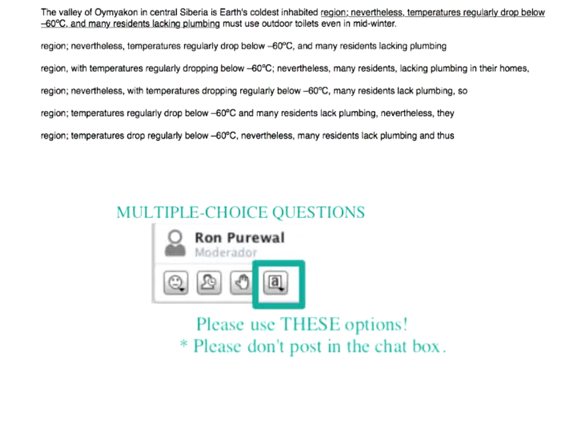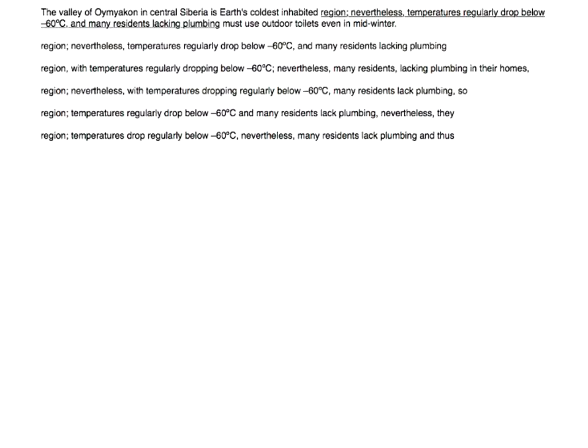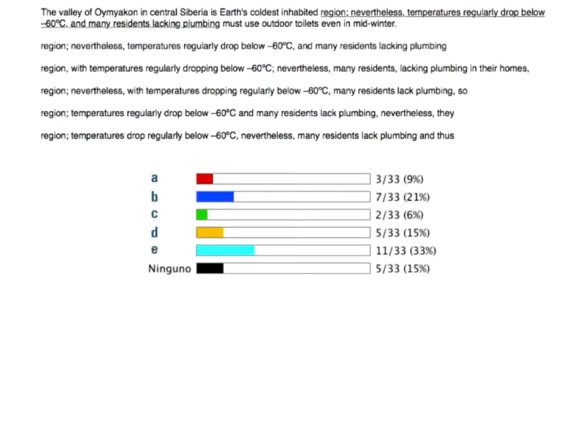But okay, so let's take a look at what happened here. Here's the class responses. So the correct answer is one of those bigger spikes, but let's take a look.